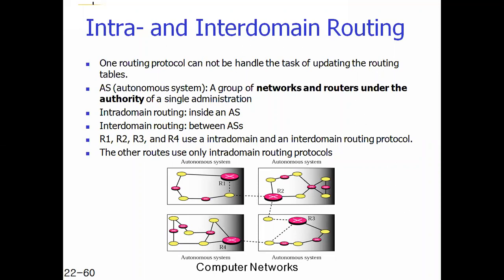It is a simple term. An autonomous system is a group of networks and routers under the authority of a single administration. Whatever number of routers there are, all are under one single authority.